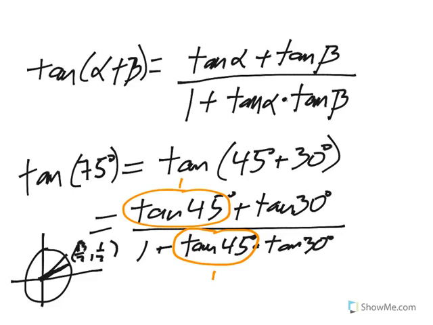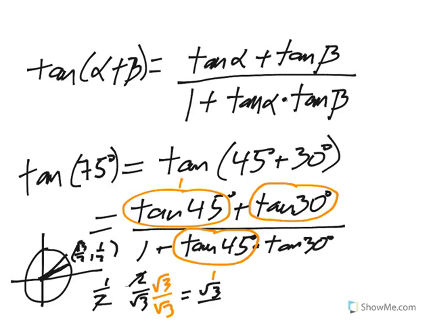But tangent of 30 degrees is just 1/2, the y, over square root of 3 over 2. So why divide by square root of 3 over 2 when you can multiply by 2 over square root of 3? Schwack, schwack. So that's just 1 over square root of 3, or if you rationalize, square root of 3 over 3.